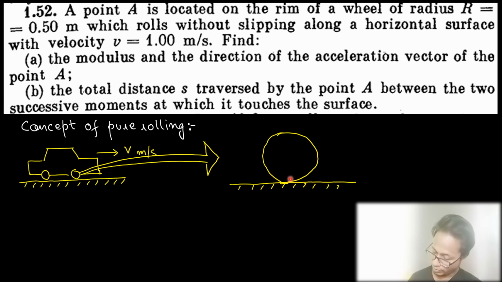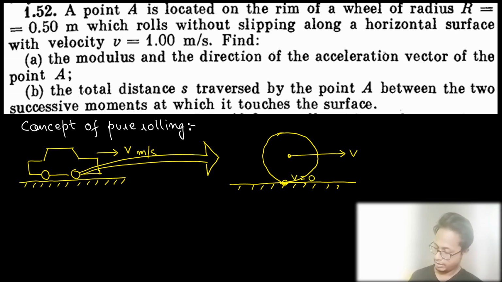It does pure rolling, so the velocity of this point is equal to 0. That means this is the instantaneous axis of rotation. One more thing to note is that if the car has velocity v for pure rolling motion, the center will always have the velocity v. The velocity at the point of contact is equal to 0.